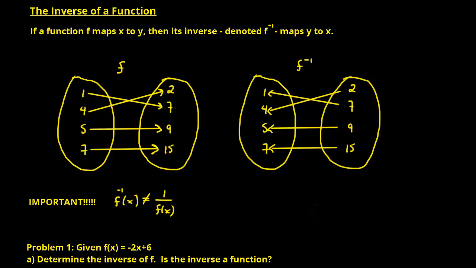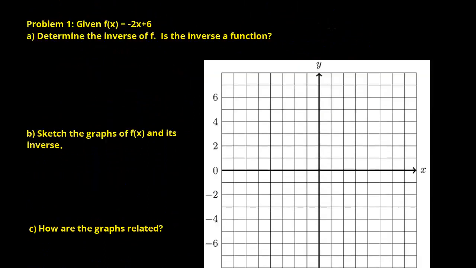So what we can do is swap x and y in our function, and then solve for y in terms of the new x value. You'll see why this works in a second. Normally we have y is equal to f of x, which is equal to minus 2x plus 6.